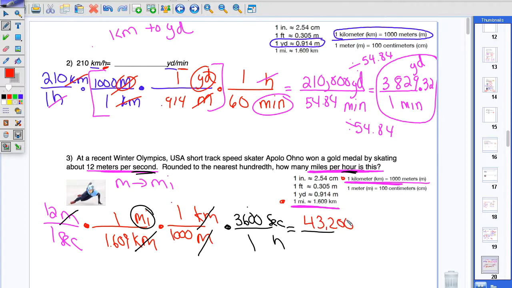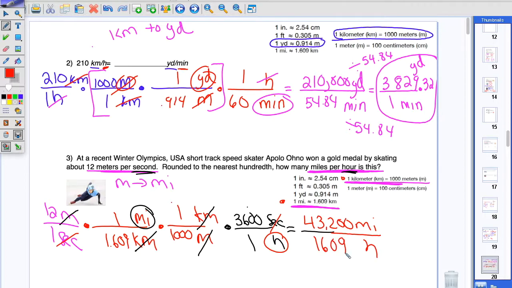And our label would be, cross off those seconds, would be miles. And then our denominator would be hours, and that would be 1.609 times 1,000 to give you 1,609.